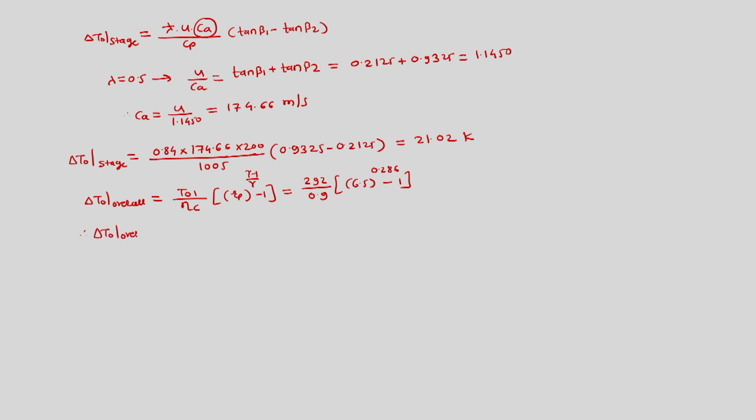So the overall temperature rise is 229.71 Kelvin. This helps us to find out the number of stages, which is delta T naught overall divided by delta T naught stage.